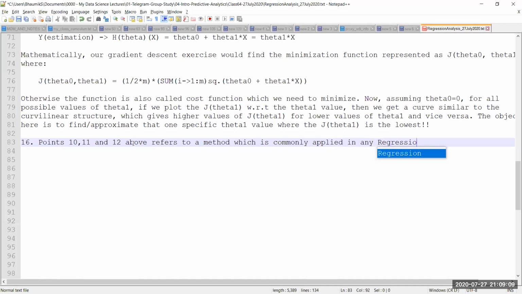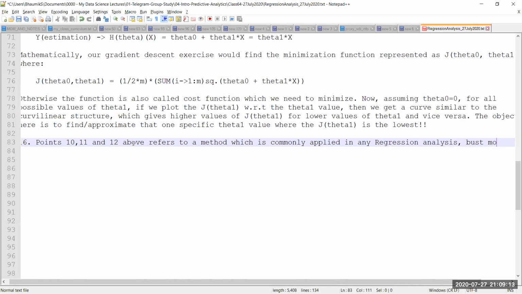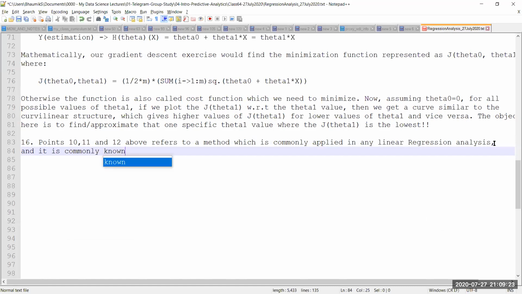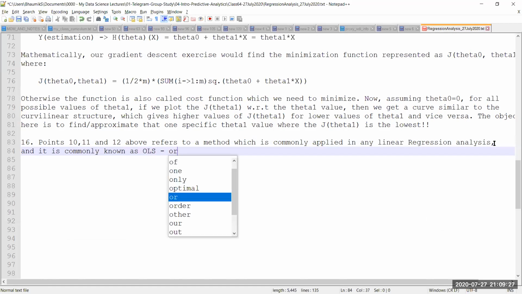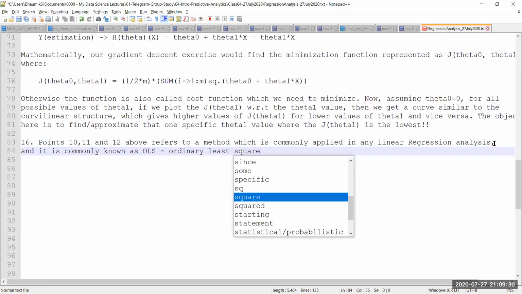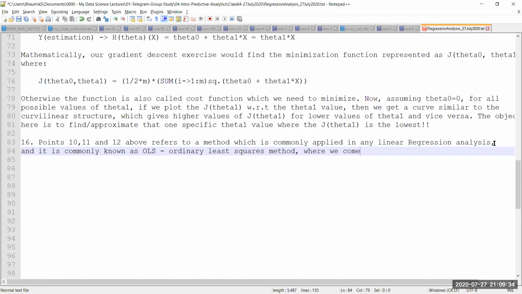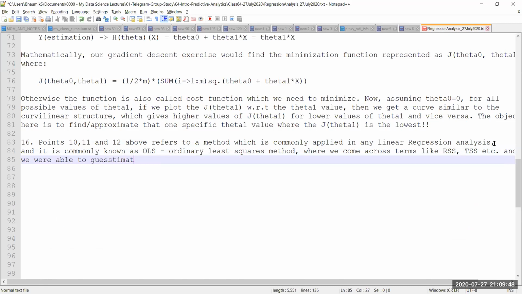sorry, this statement is wrong. Any linear regression analysis, and it is commonly known as OLS, or ordinary least squares method, where we come across terms like RSS, TSS, etc. And we were able to guesstimate the values of theta 0 and theta 1 using simple statistical measures.